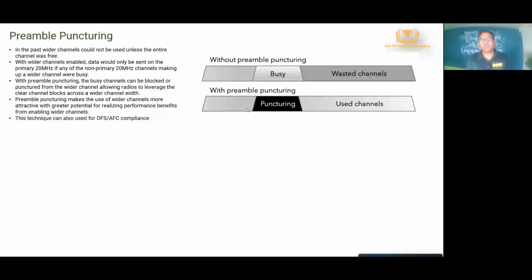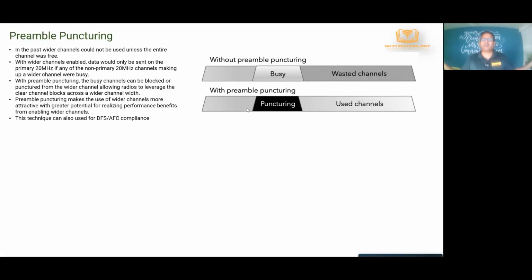So what if we can say, I am still going to use that 80 megahertz channel, but just not use that 20 megahertz portion that is causing interference or that is being used by someone else. So what we can do is puncture that particular smaller band across the wider band and transmit across the other bands, right?